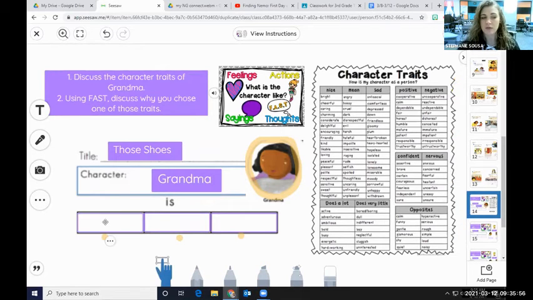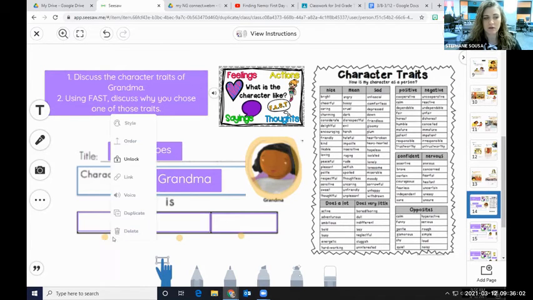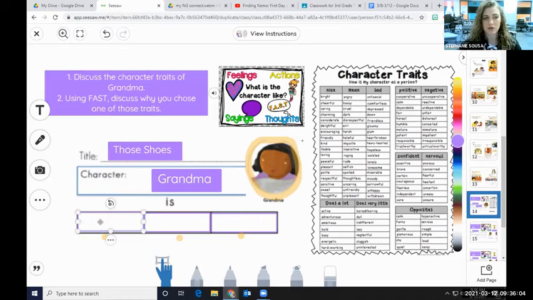If you double click here, you'll be able to type inside of the box, theoretically. How strange. Oh, it's because it's locked. There you go. You'll be able to type character traits inside of the box, and you're going to come up with three. Any questions about what you're getting ready to do with your breakout room? Terrence.